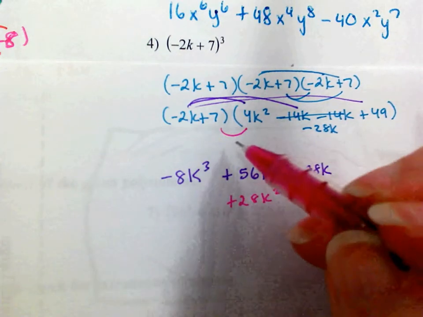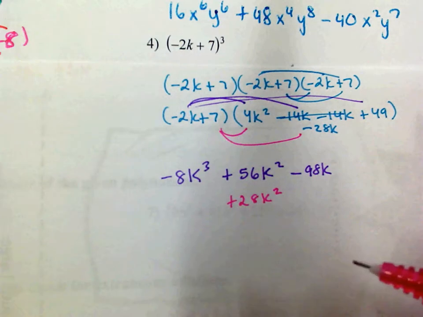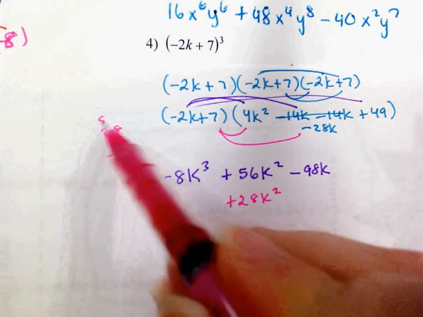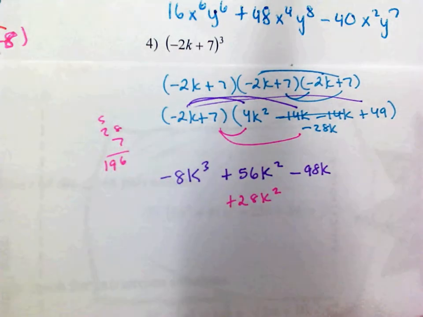Okay, 7 times a negative 28k, 7 times negative 28, so 196, yeah.